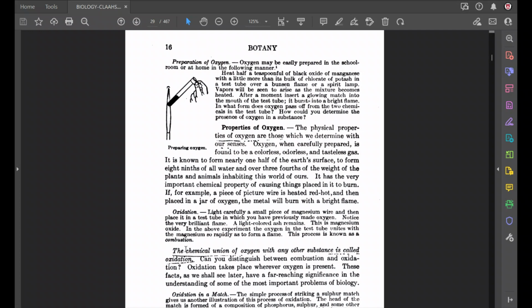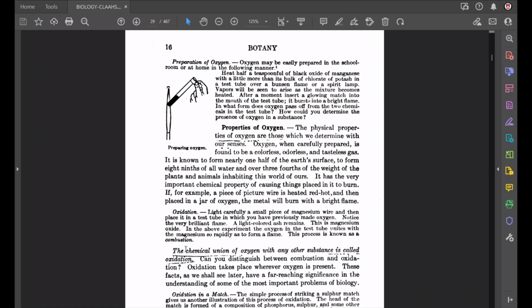And then we're asked, in what form does oxygen pass off from the two chemicals in the test tube? The answer is as a vapor or a gas. How can you determine the presence of oxygen in a substance? Oxygen is flammable. That's one way to tell that it exists. So the vapor that will be released will be oxygen.